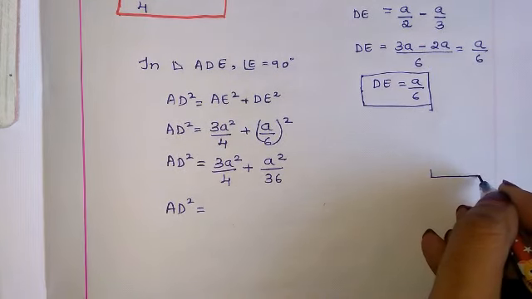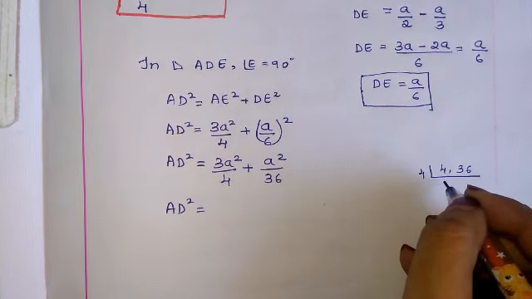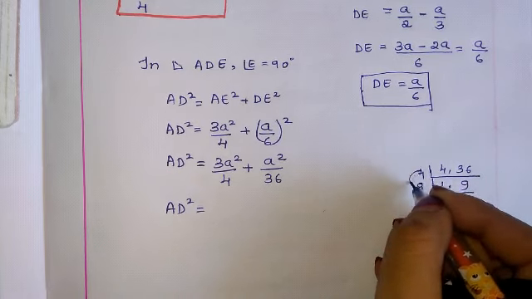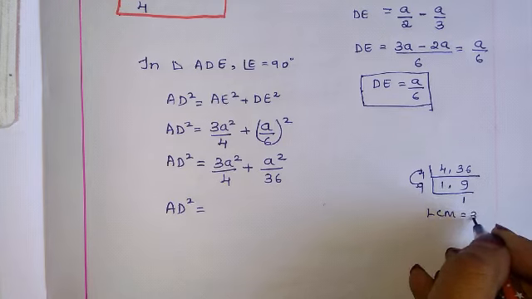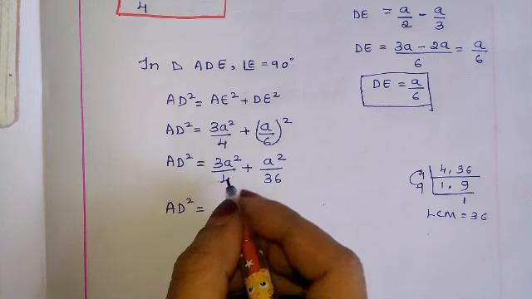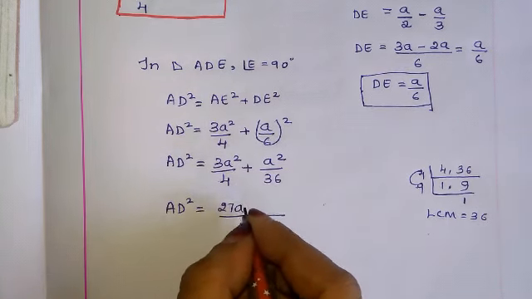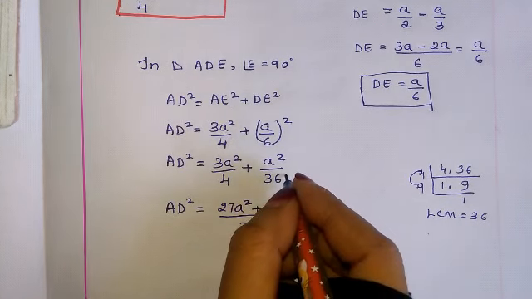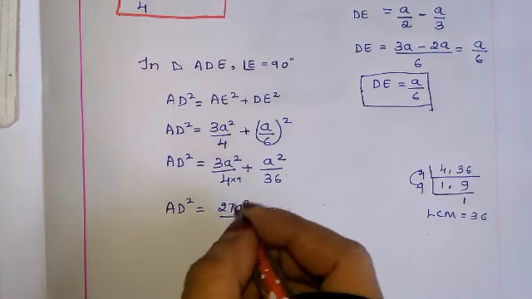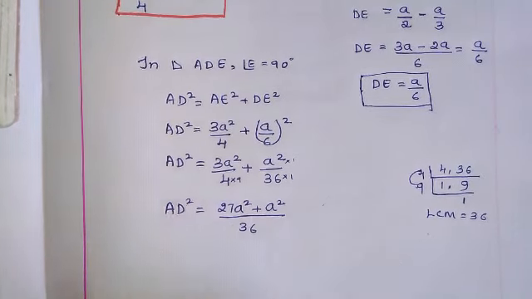If you want, we can see it here. Doing the LCM of 4 and 36: 4 ones are 4, 4 nines are 36, 9 ones are 9, 9 fours are 36. LCM is 36. 4 times 9 is 36, so we multiply by 9: 9 threes are 27a square, plus 36 divided by 36 is 1, so a square into 1 is a square.